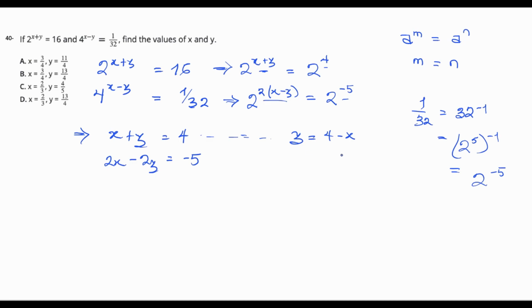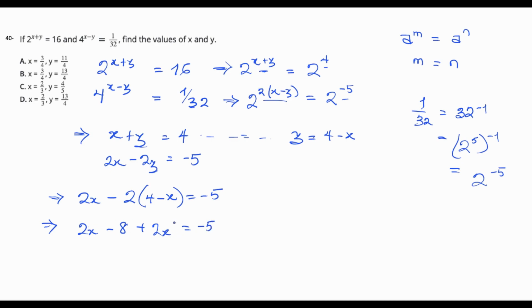So now that we have what represents y, if we substitute for y in equation 2, we can solve. We have 2x minus 2, with y becoming 4 minus x, equals minus 5. This is the same as saying 2x minus 2 times 4 is minus 8, and minus 2 times minus x is plus 2x, equals minus 5.